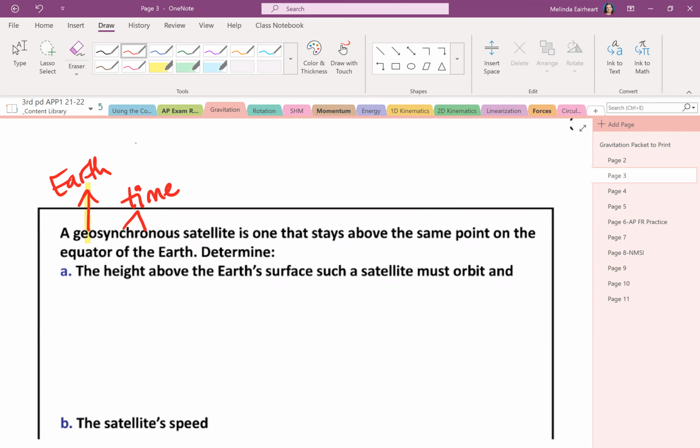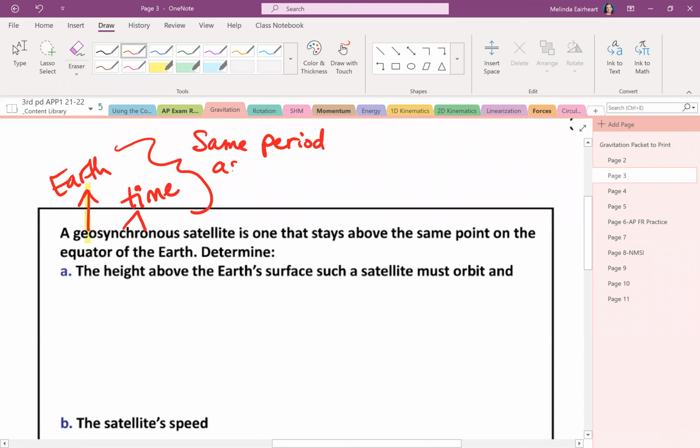And so what this means, it has the same period as Earth, okay? And so it's in a spot above Earth, and it's always going to remain in that spot because as the Earth rotates, it rotates exactly in the same timing. By the way, they didn't tell us the timing of one Earth rotation. You know it. One day.